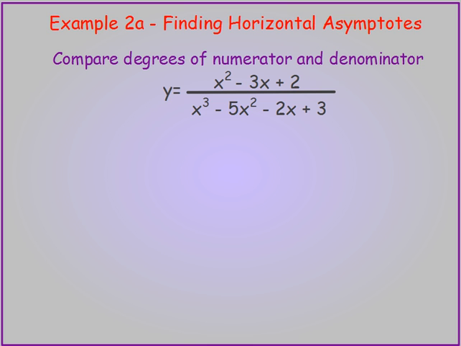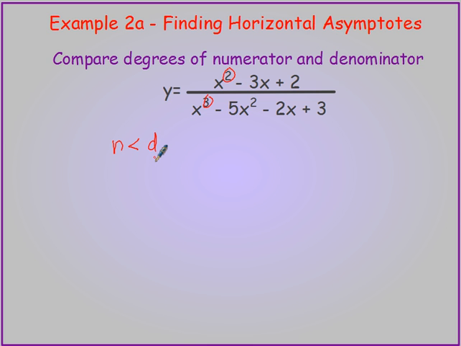Y equals x squared minus 3x plus 2 over x cubed minus 5x squared minus 2x plus 3. So, what am I looking at? The degrees. What's the degree of the top? 2. What's the degree of the bottom? 3. So, does everybody agree that the numerator is smaller than the denominator?